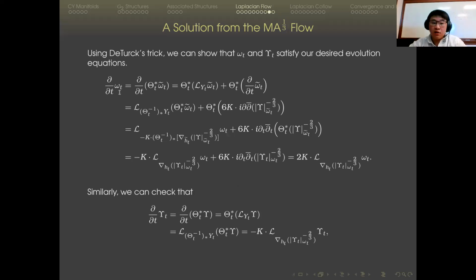Checking how del t of omega is, we know omega is the pullback of the omega tildes, and then just computing, and by the choice of the vector field Y, we get what we want. Over here, this Lie derivative term, we've shown that this is pretty much i del del bar of ut, so we cancel out to get the right coefficient of what we want. Similarly, we can do the same thing with the holomorphic volume forms, how they change, using the same computational trick from DeTurck's trick, and we get the evolution equations that we care about.